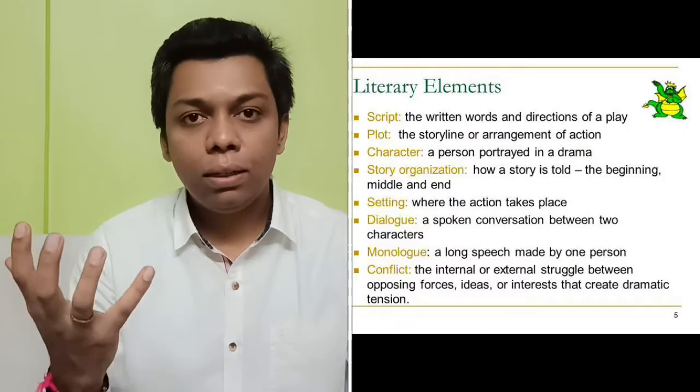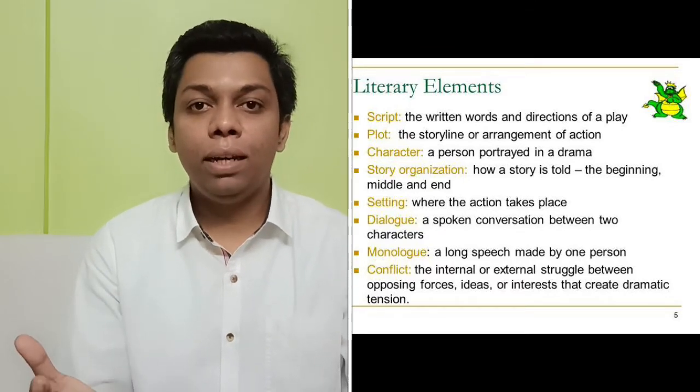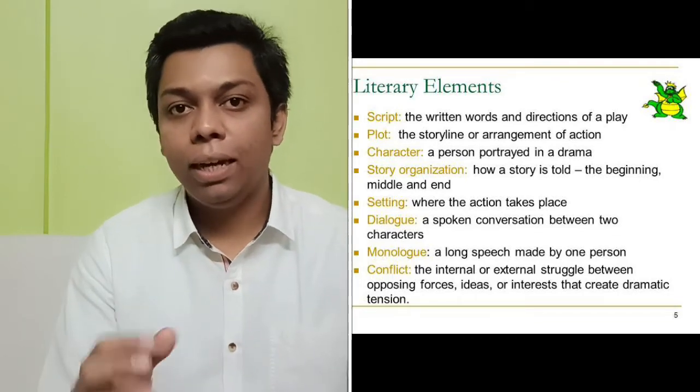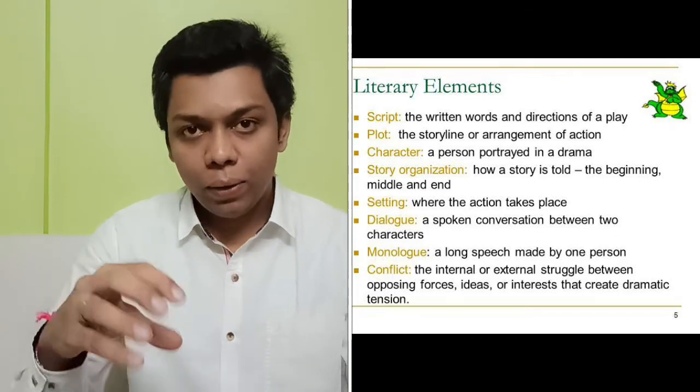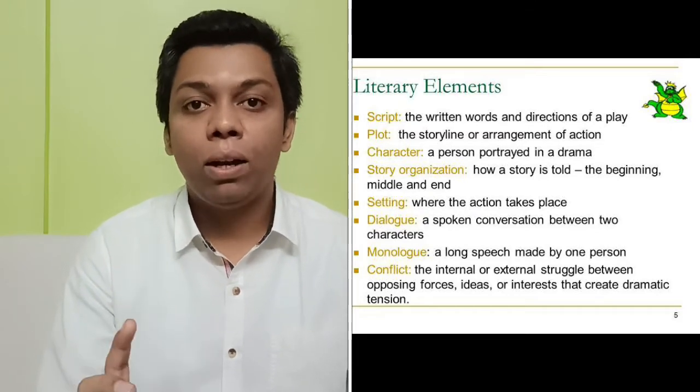Now, what is plot? Plot means the theme of the novel, or of the fiction. Then in that plot and setting there are major characters. Among the major characters, the most important is the protagonist.